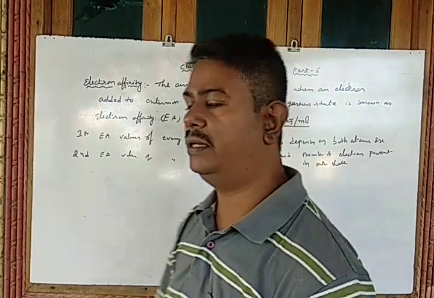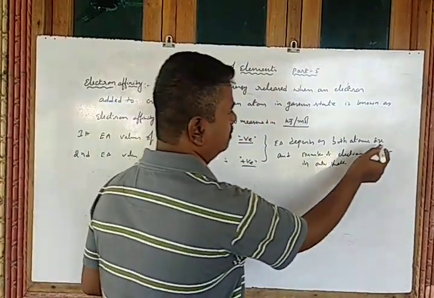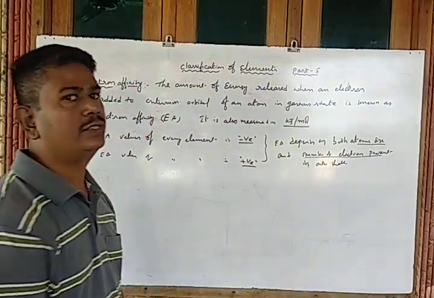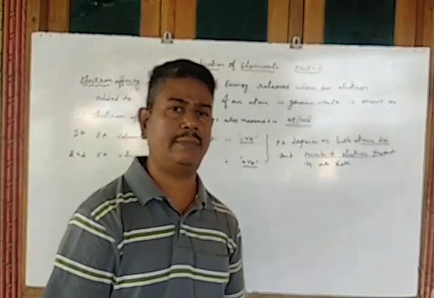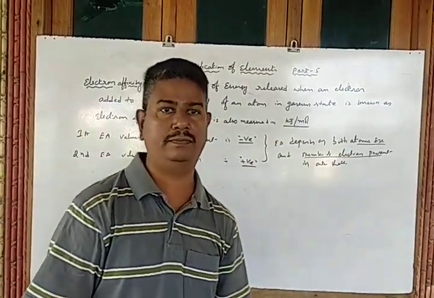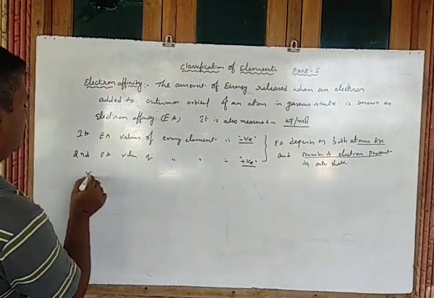So the electron affinity value depends on both the atomic size as well as the number of electrons present in the outer shell. As the atomic size increases, what happens? And as the number of electrons increases, what happens? That will be discussed.